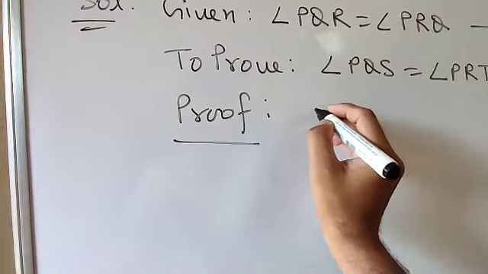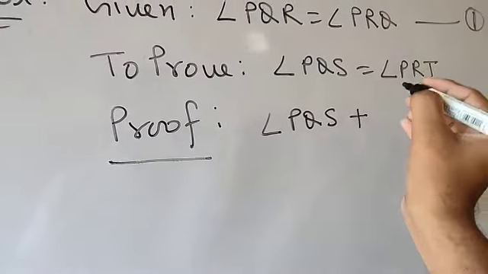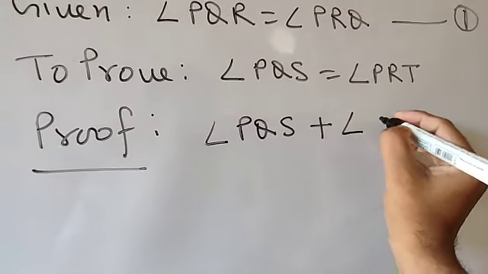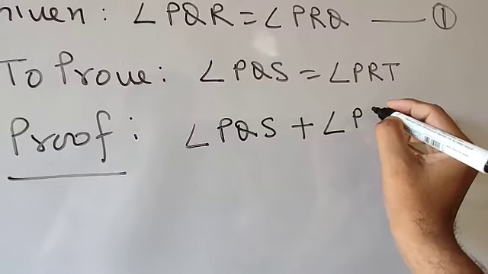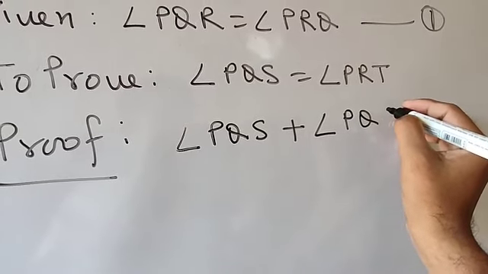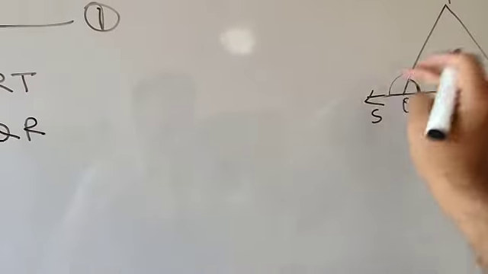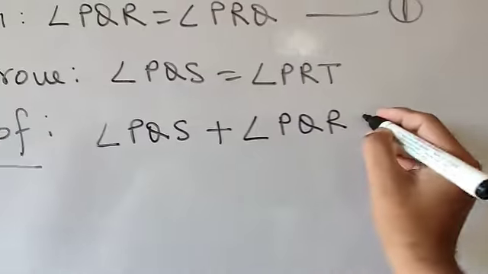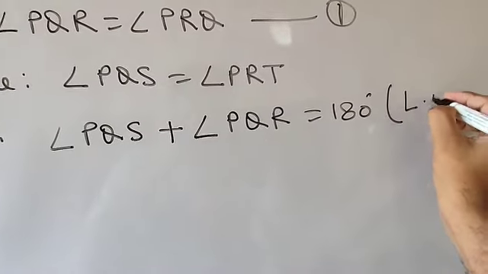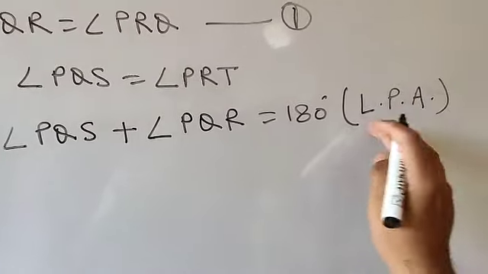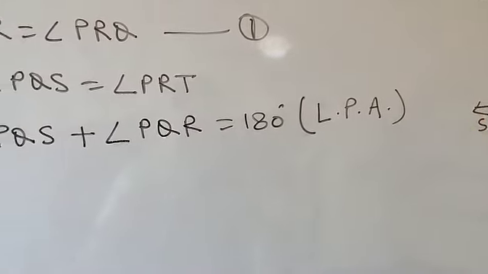So here I am going to write angle PQS plus angle PQR equals 180 degrees. Here in the bracket you can write linear pair of angles. In short it is written LPA, meaning linear pair of angles.